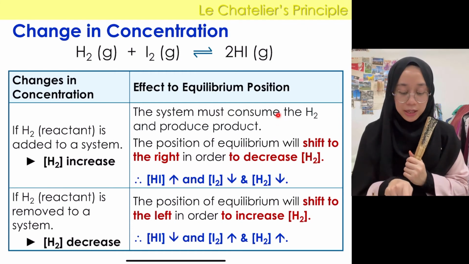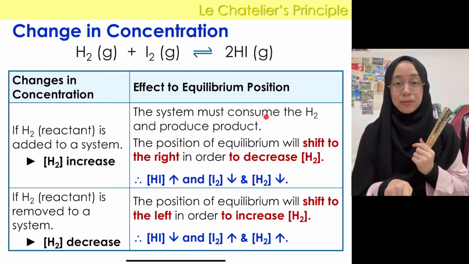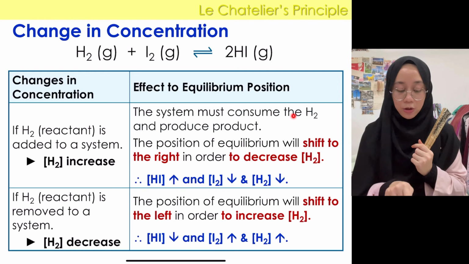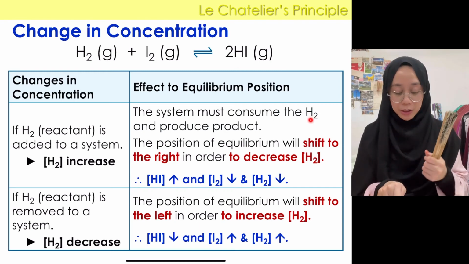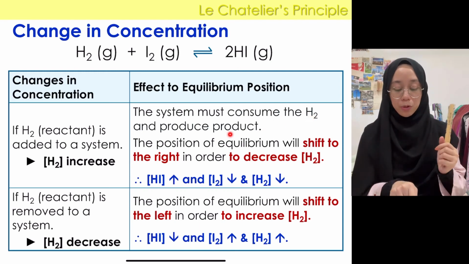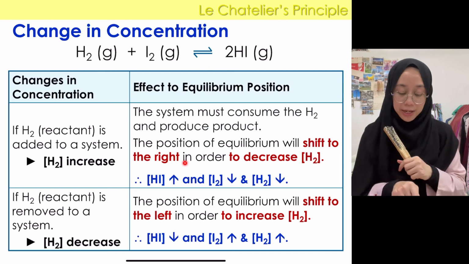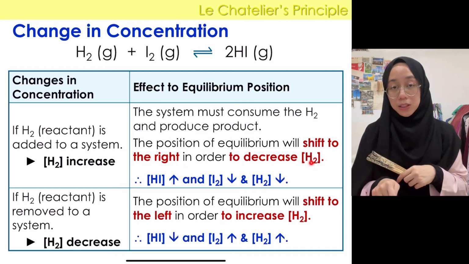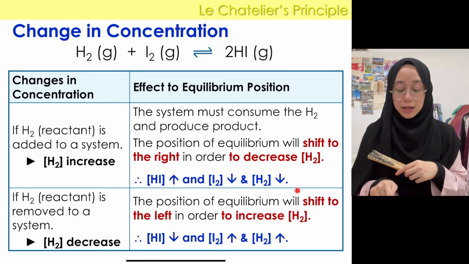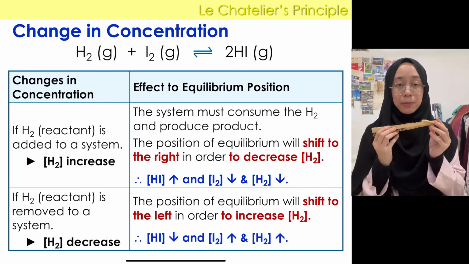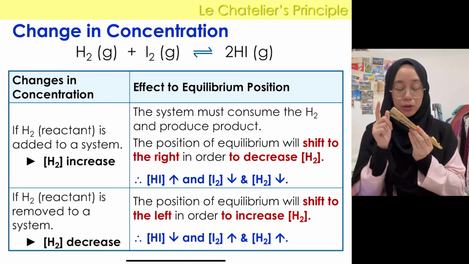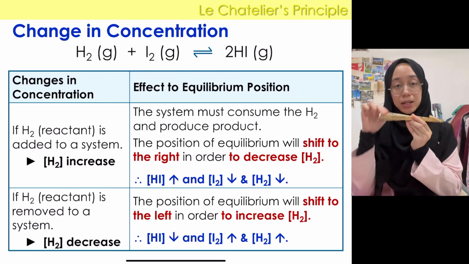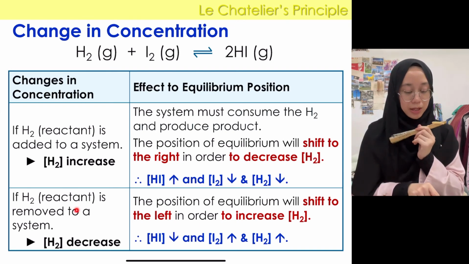Therefore we will try to reduce its concentration, so we must consume the hydrogen gas that we added earlier, and then it will produce more product. So the system will shift to the right in order to decrease the concentration of H2. So the concentration of the product itself will increase, meanwhile the concentration of both reactants will decrease. Okay, so you can read this on your own.